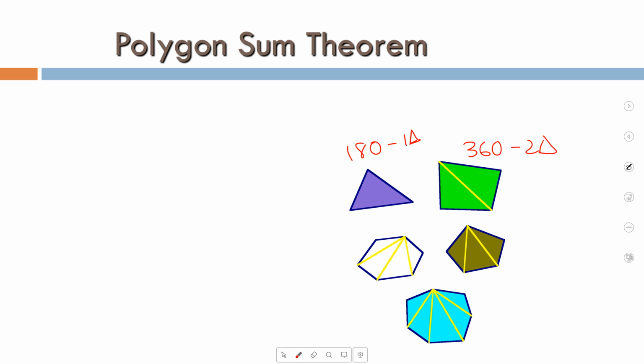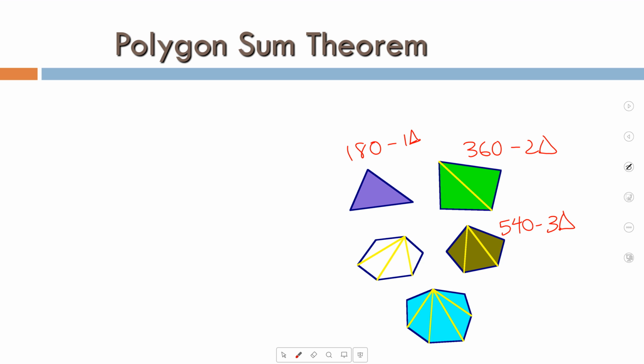Oh, you're going to need your calculators, by the way. If you don't have them out, bust those puppies out. Because I need to know what 3 times 180 is. Come on, Sarah, you got this. 540. Oh, hot diggity.